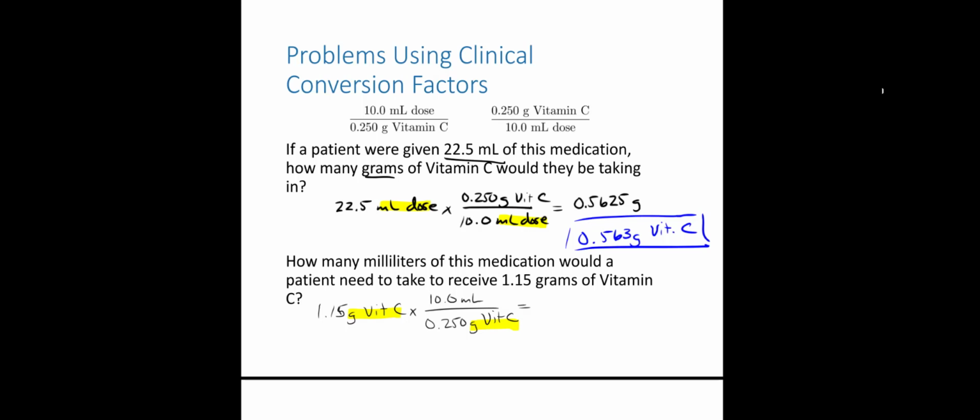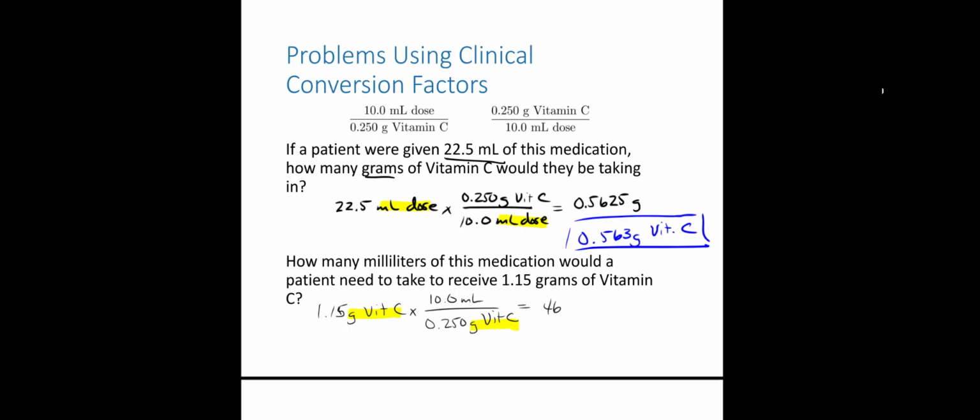So if we put this in the calculator, you have 1.15 times 10 divided by 0.25. And that comes out to, the calculator is saying 46. But that wouldn't be the correct number of significant digits. This has 3, 3, 3.